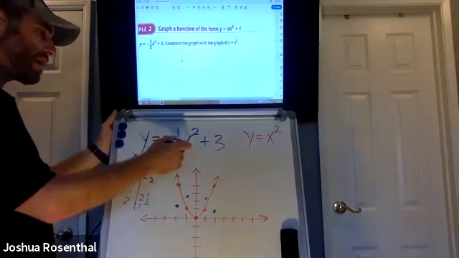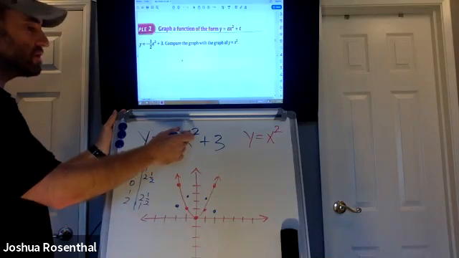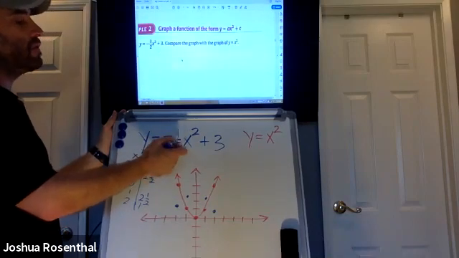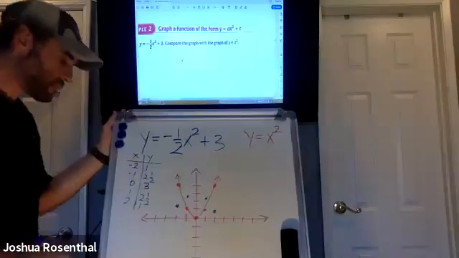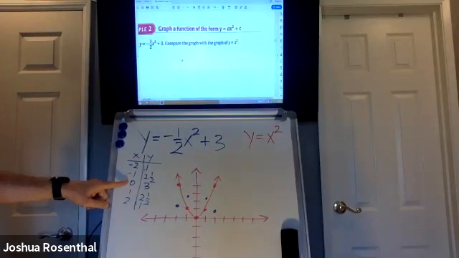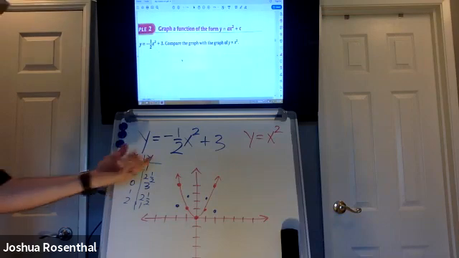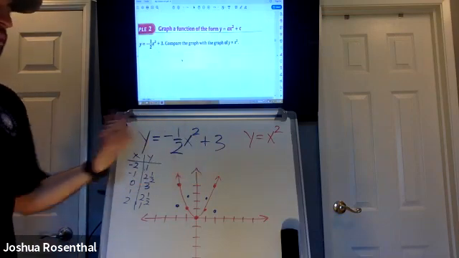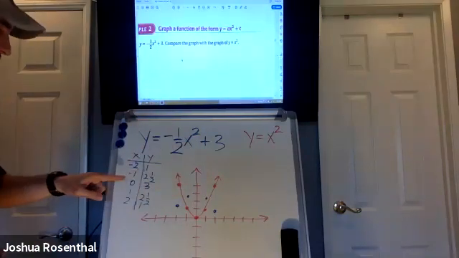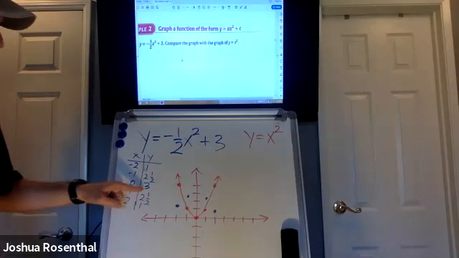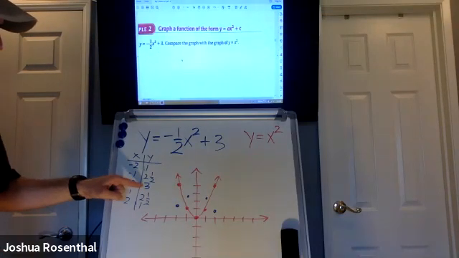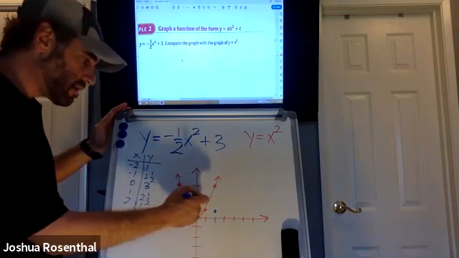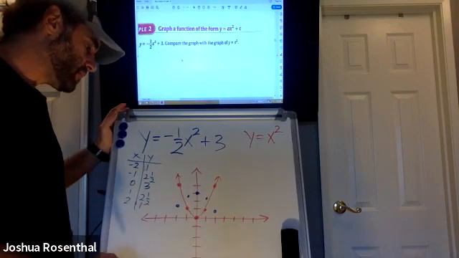And then at 0, what happens? 0 squared is 0. 0 times this is 0. 0 plus 3 is 3. So you can see what happened at x is 0. It's still in the middle. The middle didn't slide left or right, but it did move up because it's not 0, 0 anymore. It's now 0 and up here at 3.